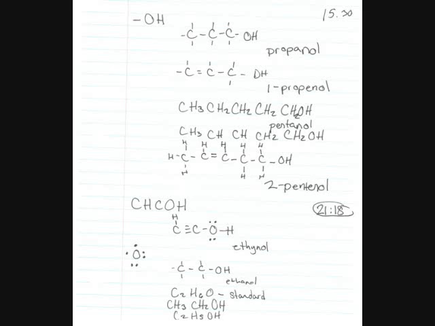Now the formula would be, and again, we can't have everything done one way, so you could write your formula as C2H6O, or you could write it as CH3CH2OH. That's about the 2 ways to write it.